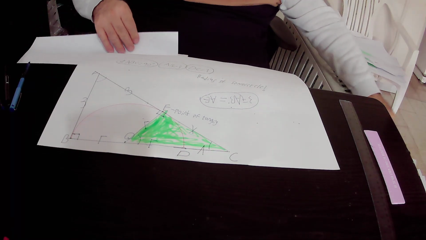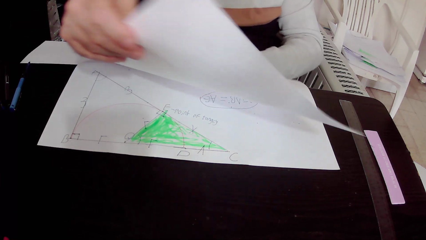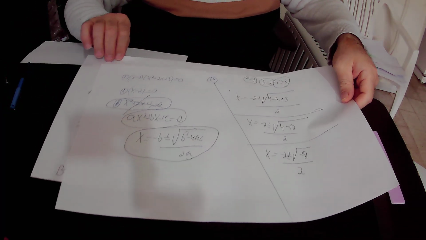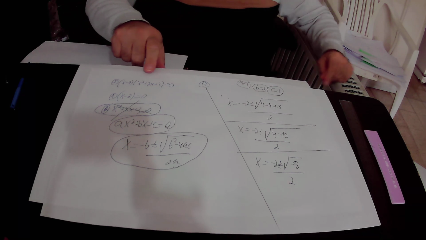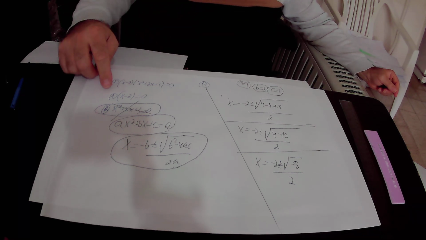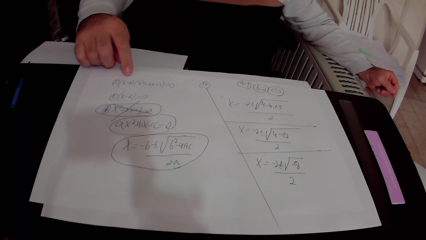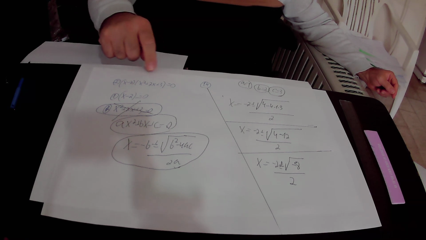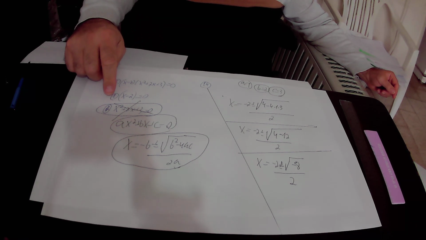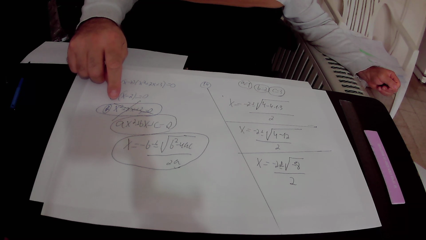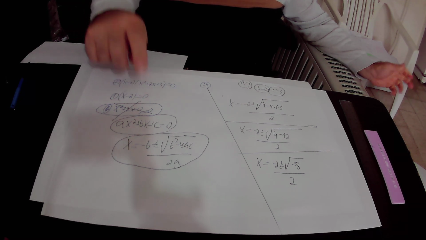So this is equation number 1, and we have two solutions that are possible. Either x minus 2 equals 0, or the second possibility is that the quadratic equation x squared plus 2x plus 3 equals 0.